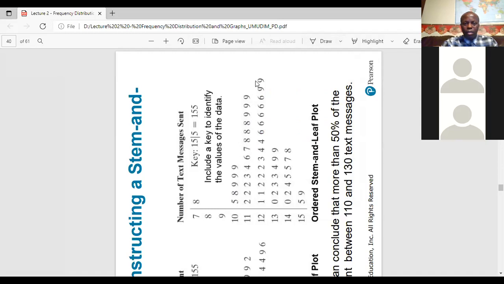It goes up and down, and it stretches more on this side than on the left side. So that's why it is right skewed, and it has one outlier here, which is the 8. Okay. Questions for me?